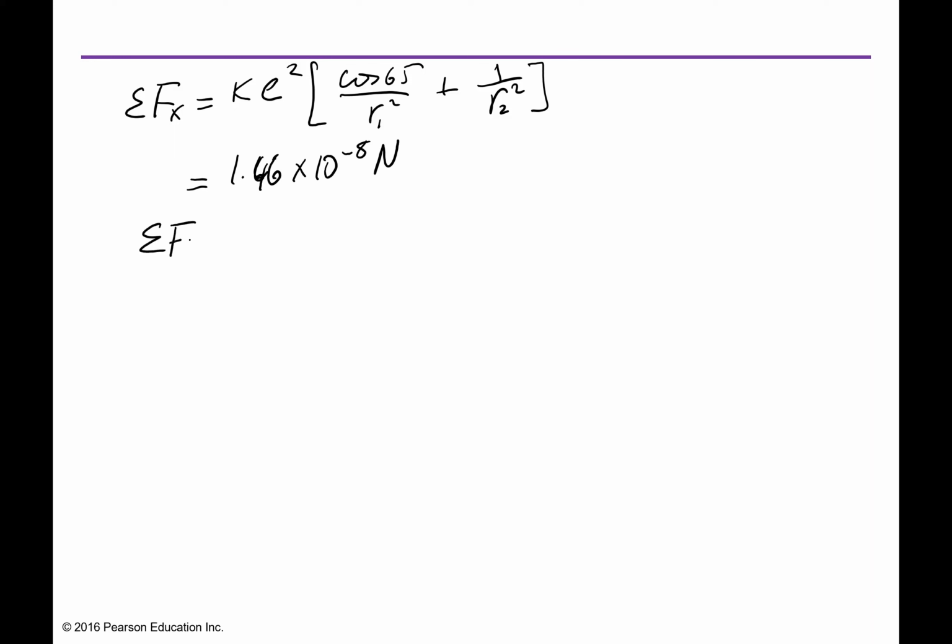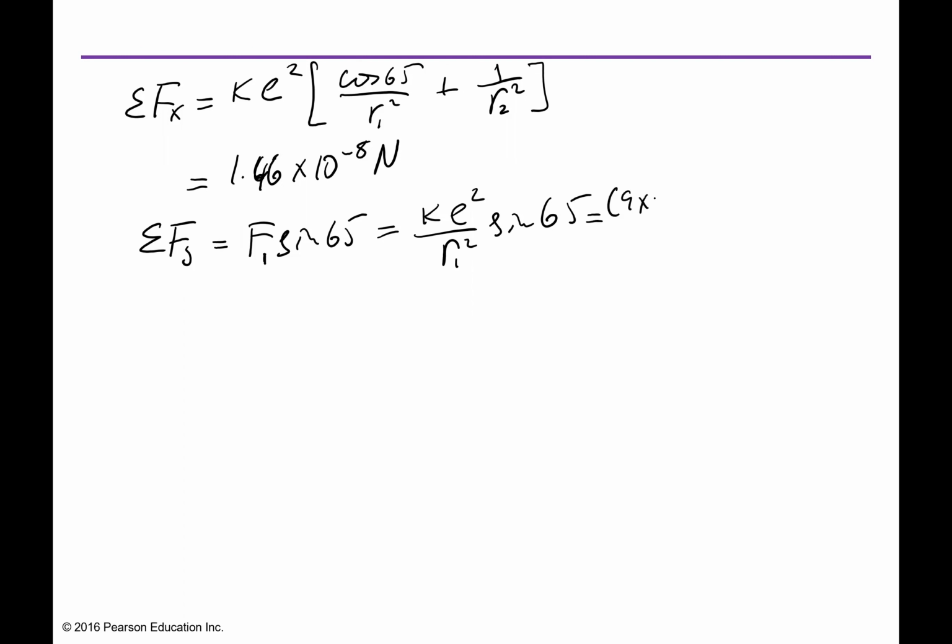Same way if I do the net force in the y direction, which will be k e squared. Remember, this is just F1 sine of 65, the y component of the force F1. So this is k e squared over R1 squared and sine of 65.